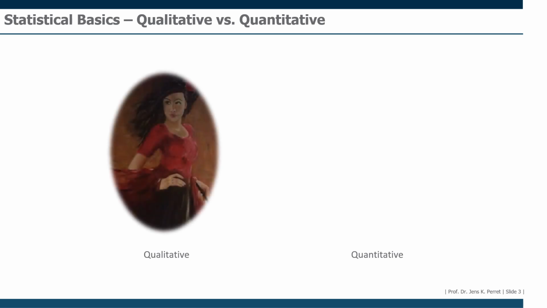If we have qualitative data, this could be something like artworks. We can see this, we can evaluate this, but we have a lot of problems, let's say it like this, mathematically analyzing artworks like this. We could make it analyzable.